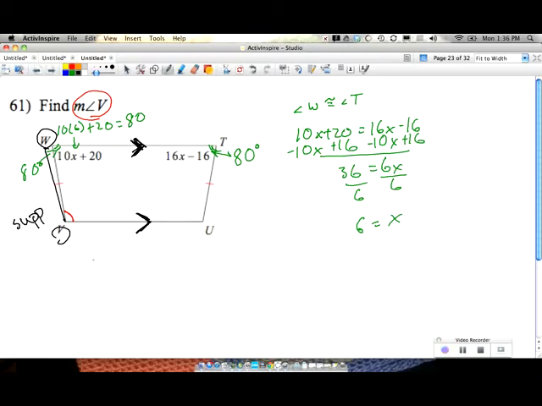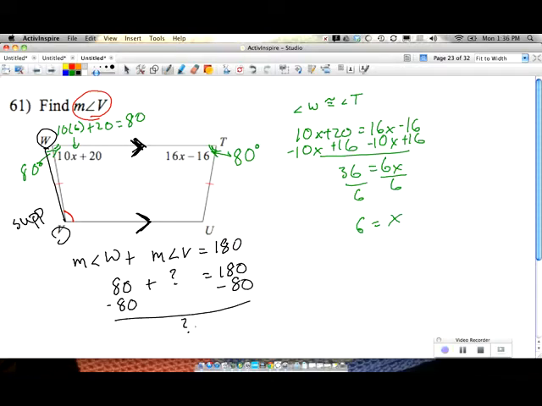So the measure of angle W plus the measure of angle V is equal to 180. We know that W is 80, plus whatever this other one is, 180. Well, let's simplify here a little bit. If we subtract 80 from both sides, we're going to get that that missing one is equal to 100 degrees. So this down here, this is 100 degrees, and so is this here as well, angle U.